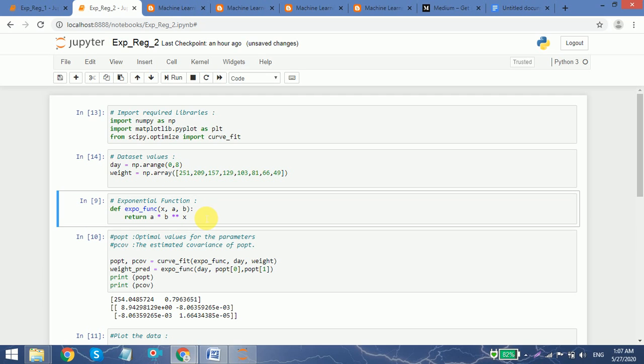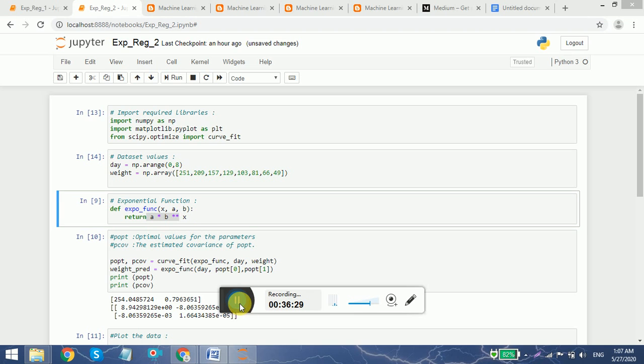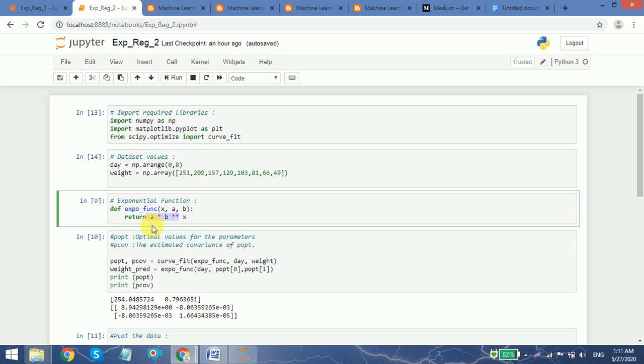Okay, and this is our exponential function here, that is x comma a comma b, and it returns a into b raised to x. So this is the definition of our main function, the exponential function, that returns a into b raised to x.